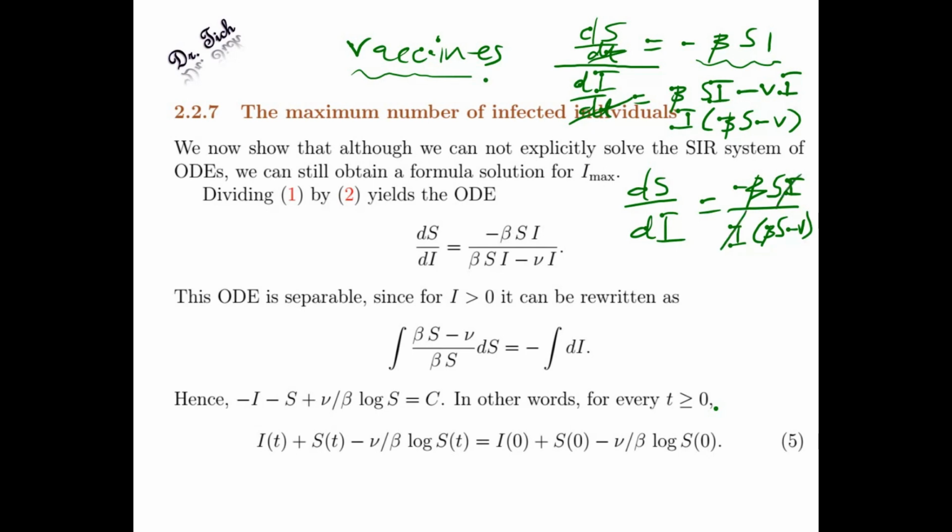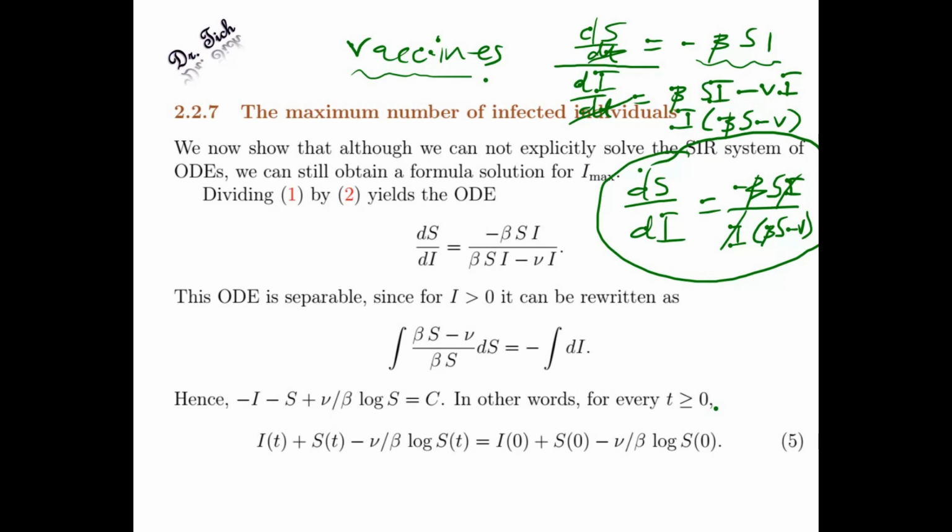And then you now have a differential equation that you can solve explicitly. You are now solving for S and expressing the answer in terms of I, or you can also solve for I and express the answer in terms of S. That's what we are doing here.